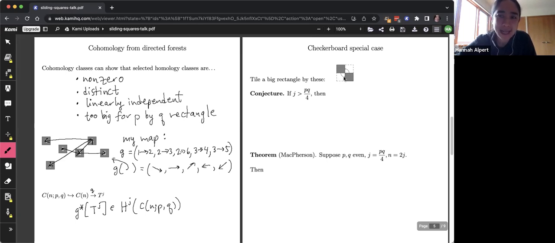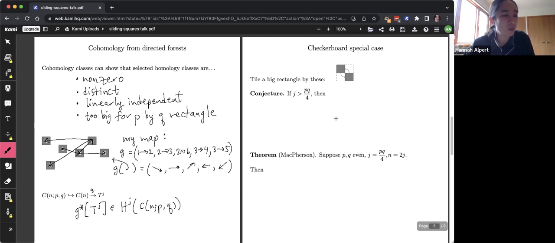So I have a big rectangle and I'm imagining that I can have two squares going around each other in each 2x2 sub-square. So one conjecture that I like to say, just because I think it's easy to have intuition about: suppose that I am thinking of degree of homology J greater than PQ over 4, which is the number of 2x2 squares.